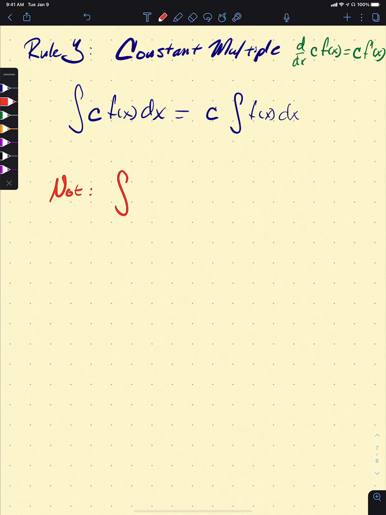Say if we're doing something like this, this is not true, moving this x squared out. Why? Well, x squared and dx sort of have to do with each other, right? x squared isn't a constant, and so you can't pull it out, right? So that's not true.